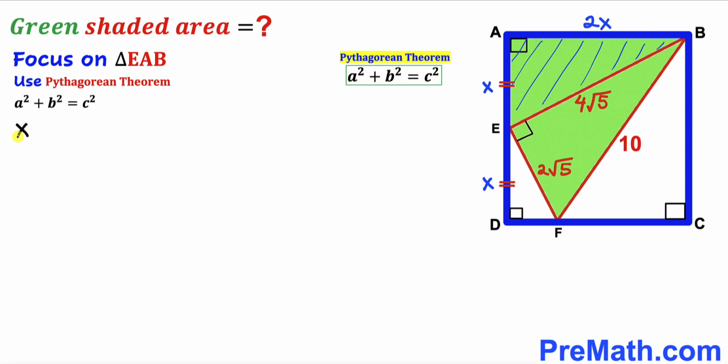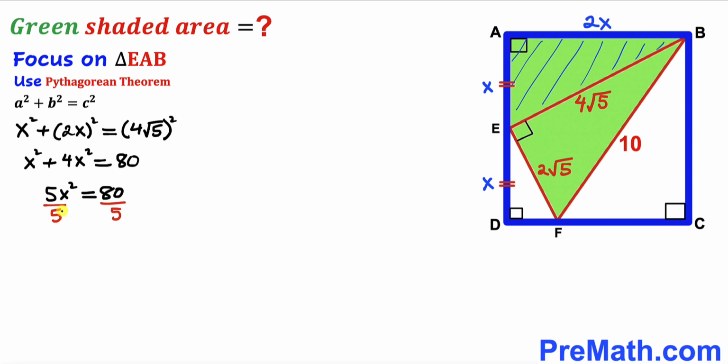So we can write x square plus 2 times x whole square equals 4 times square root of 5 whole square. And now we are going to divide both sides by 5 to isolate x square. This 5 is gone. So therefore x square value simply turns out to be 16.